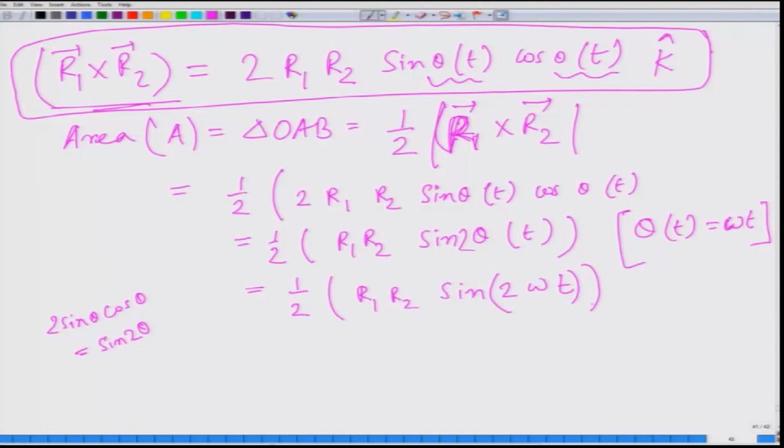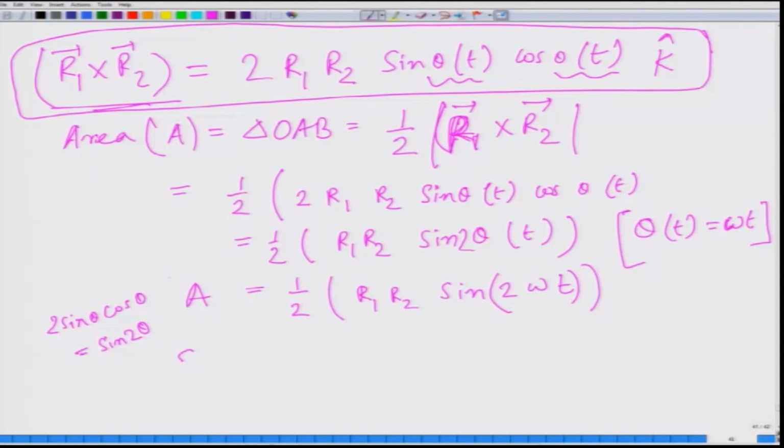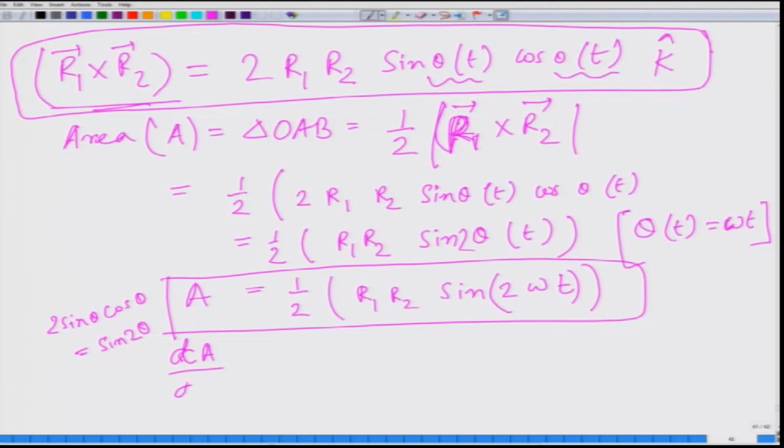Now for the area to be maximum or minimum, we need to find out the time t equal to say t1 at which this area becomes maximum. So for that we need to take the derivative of the area with respect to time, and then we have to equate it to 0. So if I get the area like this, now I have to take the derivative of this area with respect to time, and equating it to 0 will give me the maximum or minimum of area.